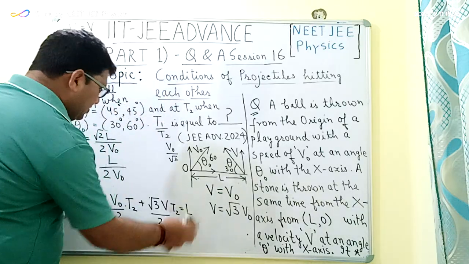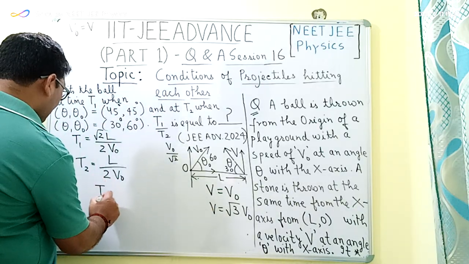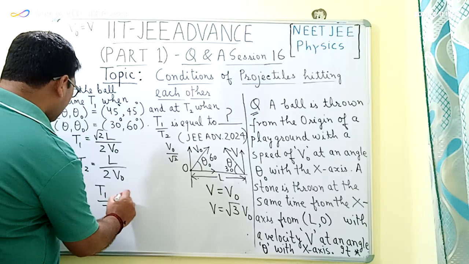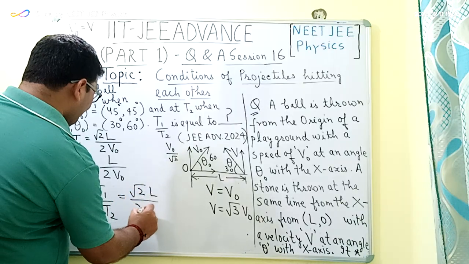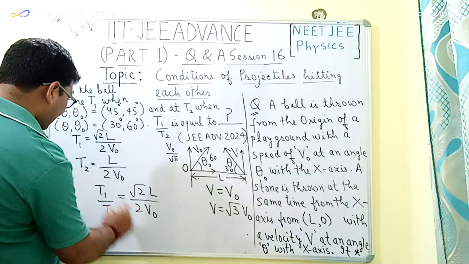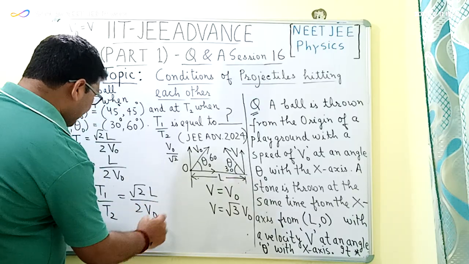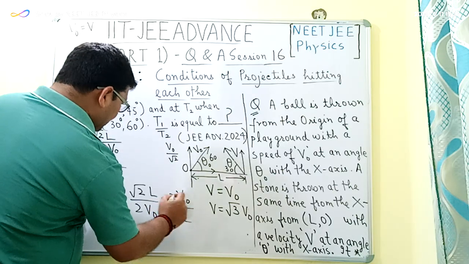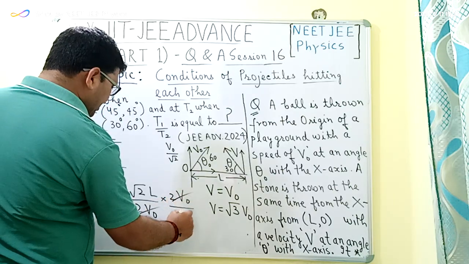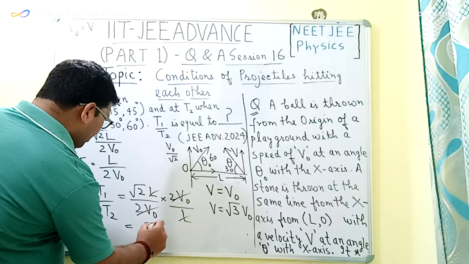So these are the two equations which I am getting now, and so T1 upon T2 will be equal to root 2 L divided by V naught, divided by L upon 2 V naught. So from here this and this will get cancelled out. Finally the value of T1 upon T2 is equal to root 2.